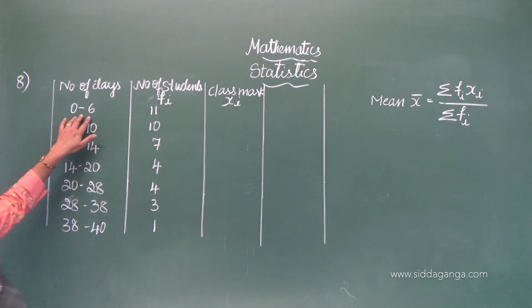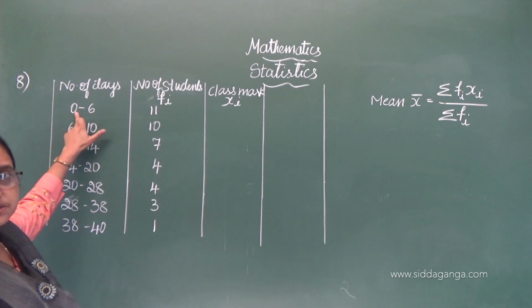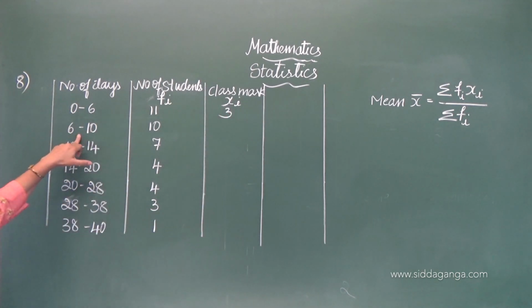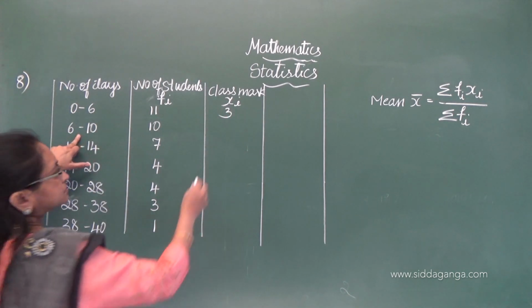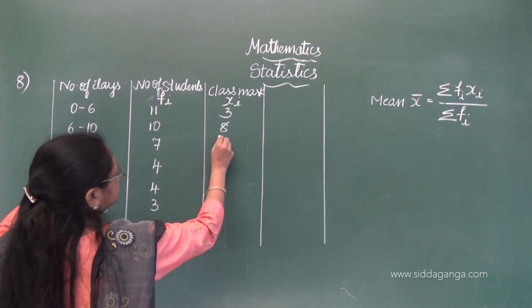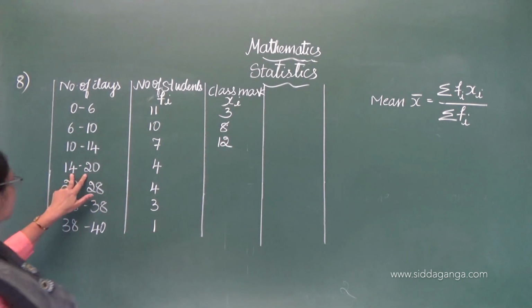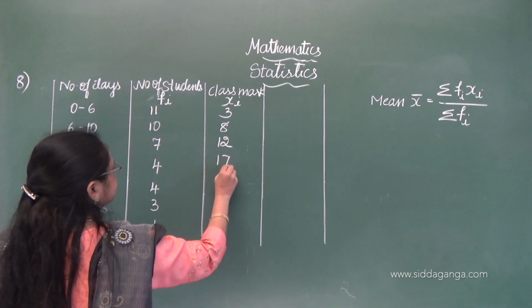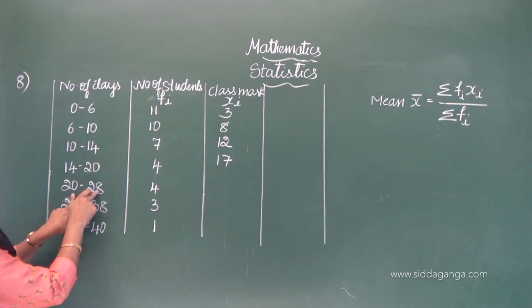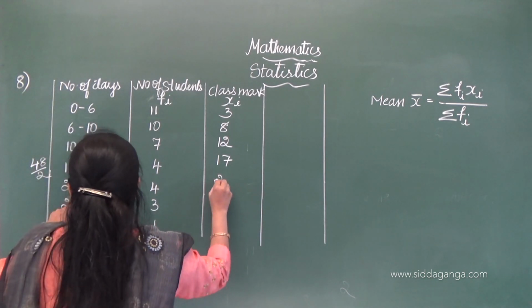Class mark you know how to do. 6 plus 0, 6 by 2, 3. 16 by 2, 8. 24 by 2, 12. 34 by 2, 17. 48 by 2, 24.